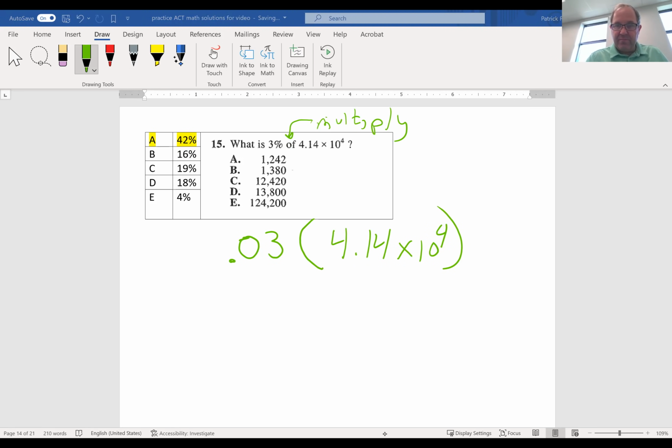So 0.03 times 4.14 times 10 raised to the fourth power. That's it. Just type it into your calculator.